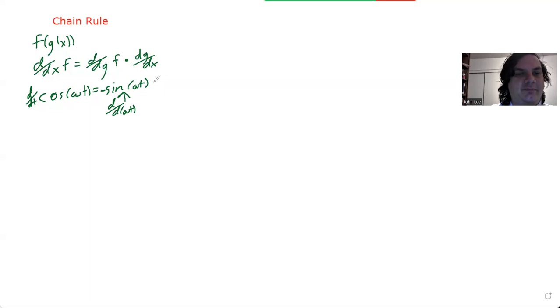And then you differentiate what's inside. So that's times omega times 1, because that's the derivative of omega t, the function inside, with respect to t. So this is going to be equal to negative omega sine of omega t.